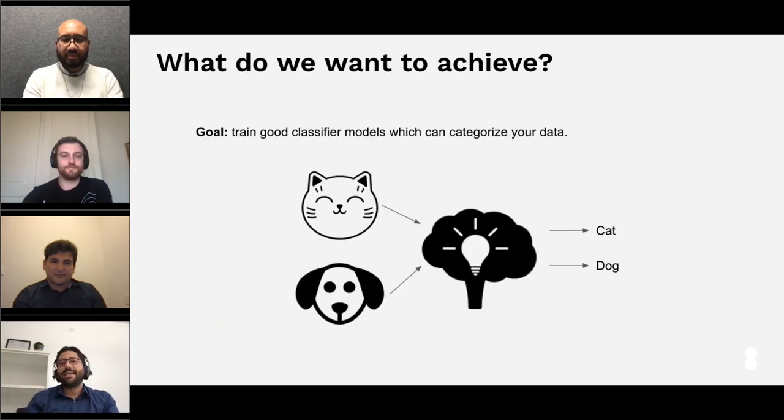Let's first officially state what the problem is and what we want to achieve. At the end of the day, we want to train good classifier models which can categorize your data. Given a model, the brain of your system, if you see pictures of cats or dogs, for example, you can say this is the cat and this is the dog, and that's your label.